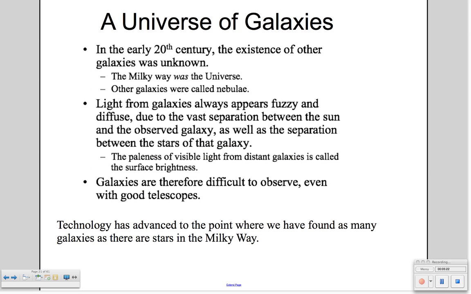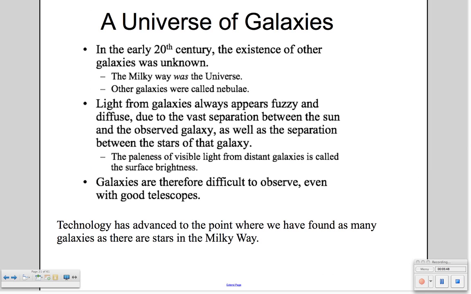But there were other things in the sky which were kind of nebulous. They were called nebulae. They were fuzzy. Light from these galaxies always appears fuzzy and diffuse due to the vast separation between the sun and these galaxies. In other words, we cannot really see a separate star in a galaxy unless its brightness is fluctuating. So galaxies are kind of difficult to observe, even with a good telescope.